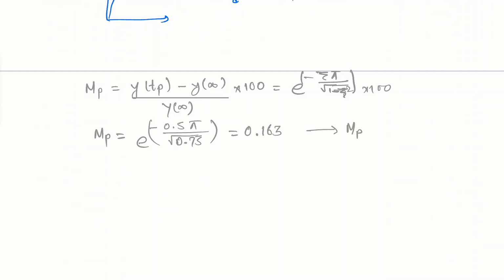So the maximum peak overshoot is 16.3%. If you notice, the expression for maximum peak overshoot is only dependent on zeta. Let me write it clearly. Depending upon the value of zeta, this maximum peak overshoot can be adjusted.